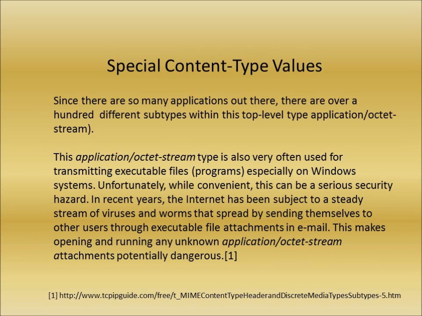Unfortunately, while this is convenient, it can be a serious security hazard. In recent years, the internet has been subject to a steady stream of viruses and worms that spread by sending themselves to other users through executable file attachments in email. This makes opening and running any unknown application octet stream attachments potentially dangerous.